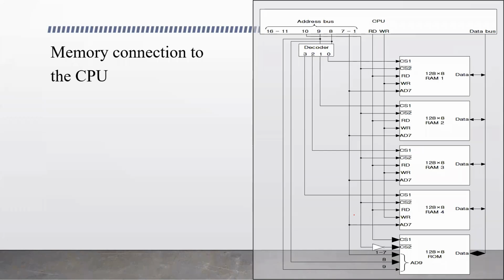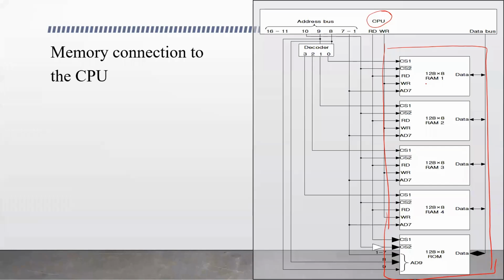Here, this is the memory. This part is our main memory, and here we have the CPU. The two units shown here are the main memory and CPU.